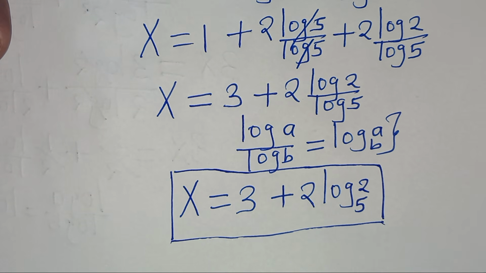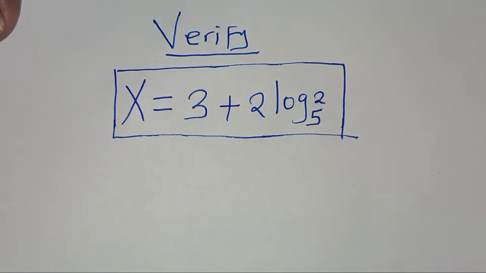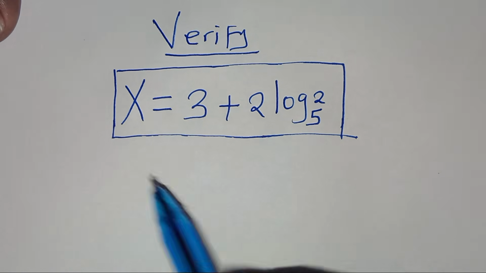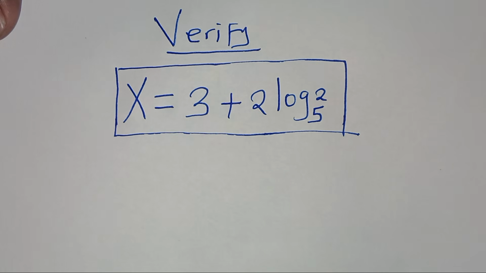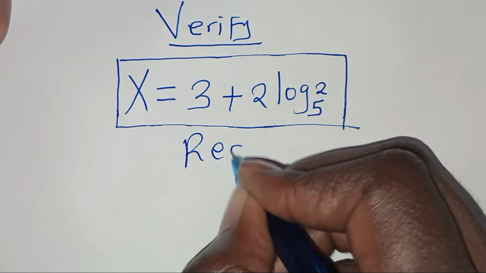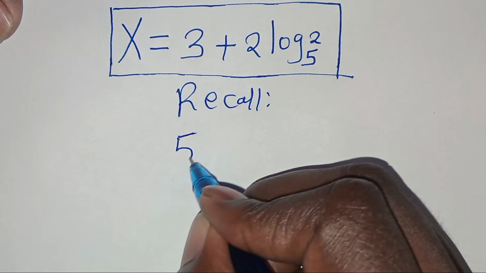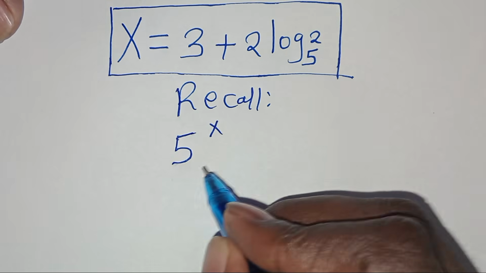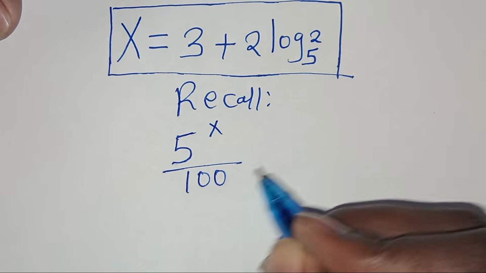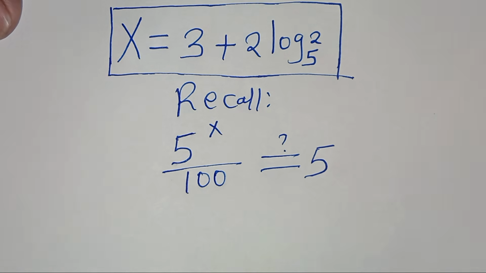So the next step is to verify that this value of x satisfies the equation. If you recall, we have 5 raised to the power of x divided by 100, which is supposed to give us a value of 5.